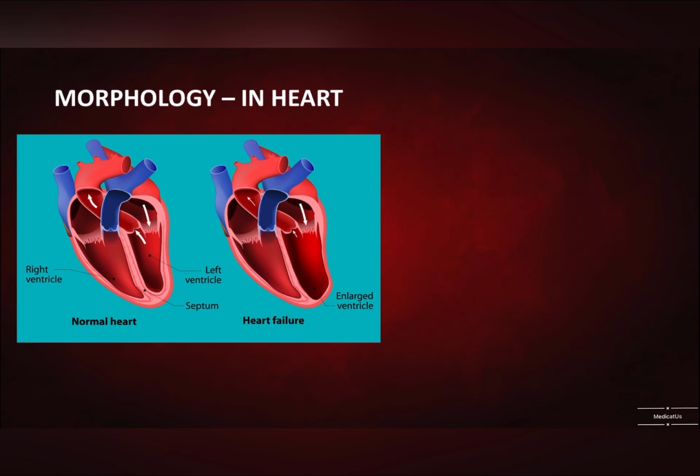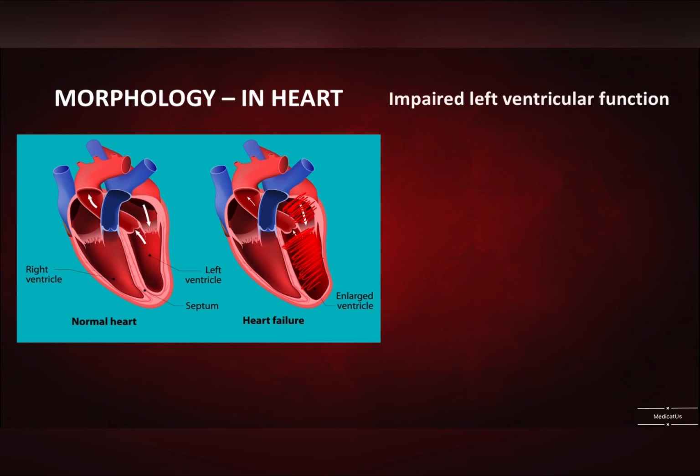Moving towards the morphology. The heart findings depend on the disease process, ranging from myocardial infarction to stenosis or regurgitation. If there is accumulation of blood in the left ventricle, it will lead to accumulation of blood in the left atrium as well.